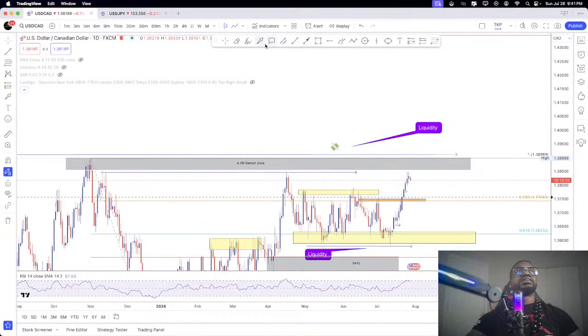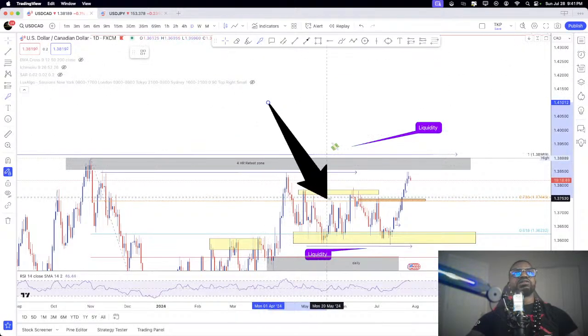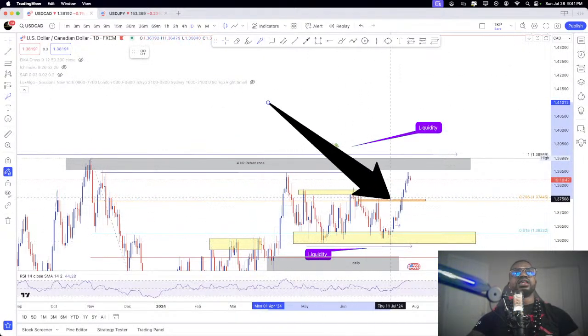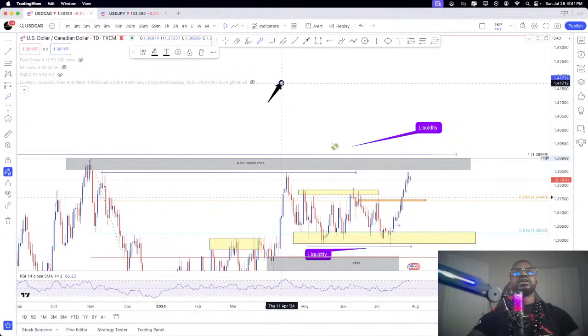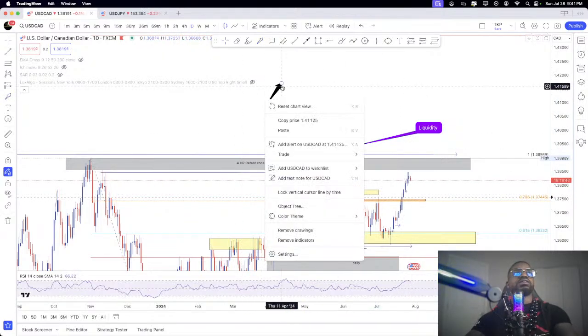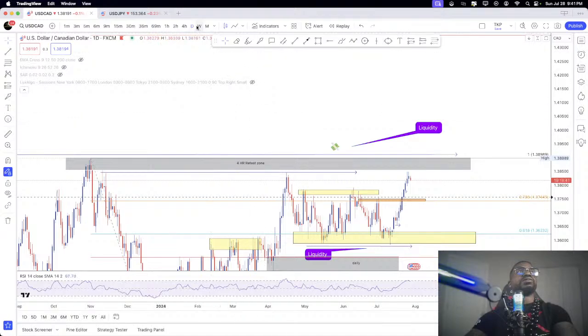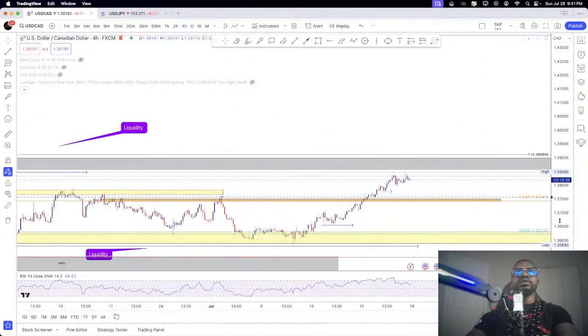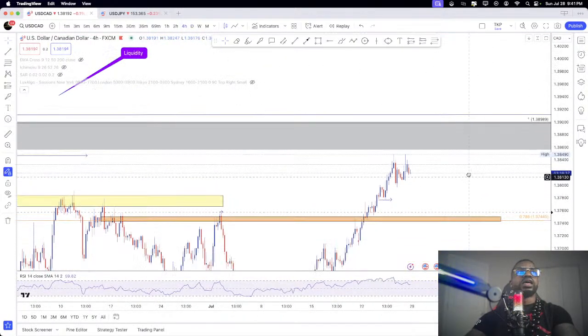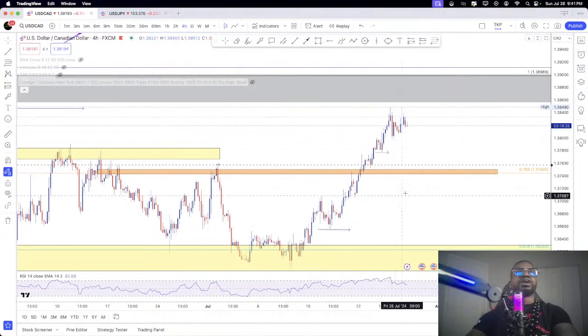All right, you guys, this is the area we were looking at, that printed range of consolidation. And this right here on the 786 was a really nice breakout that was not retested on the 4-hour time frame.